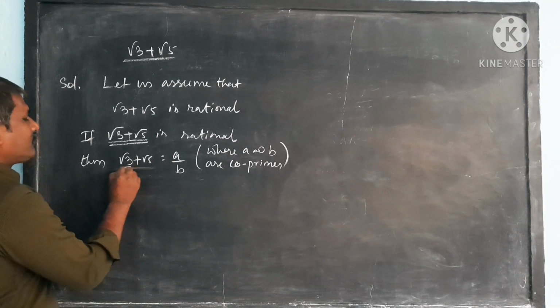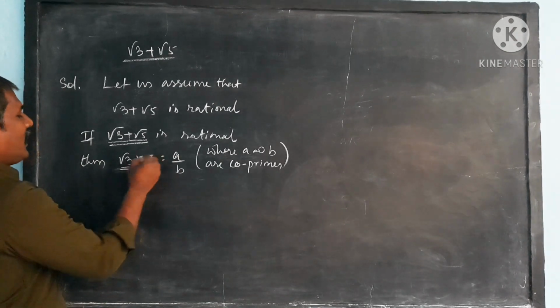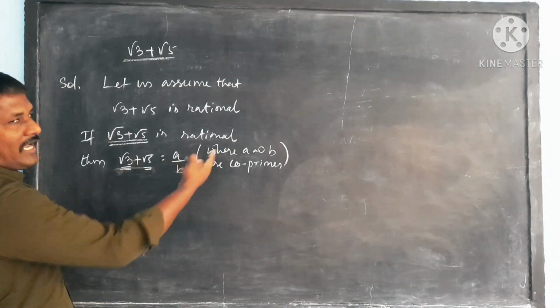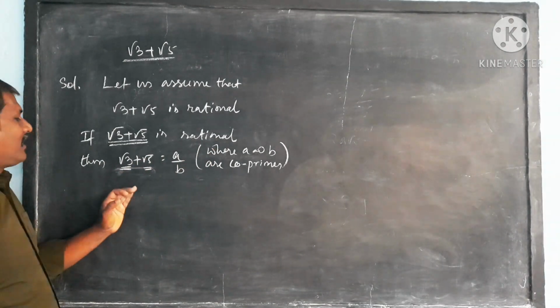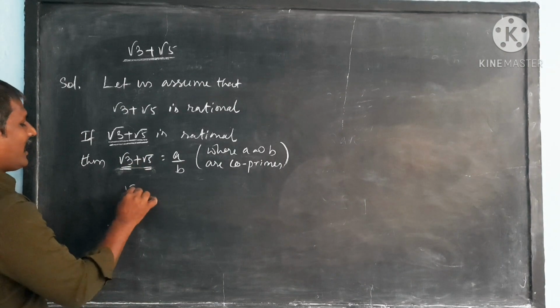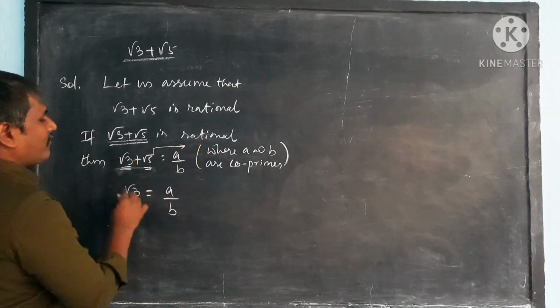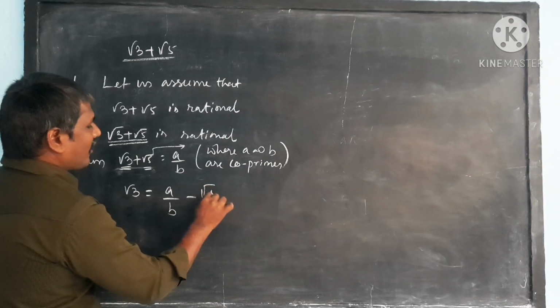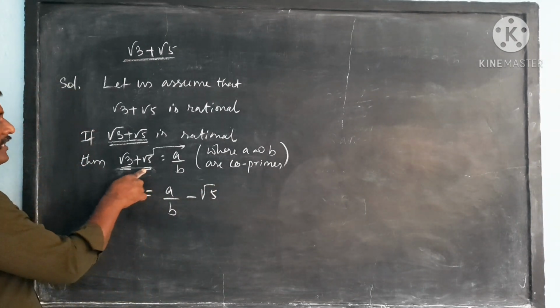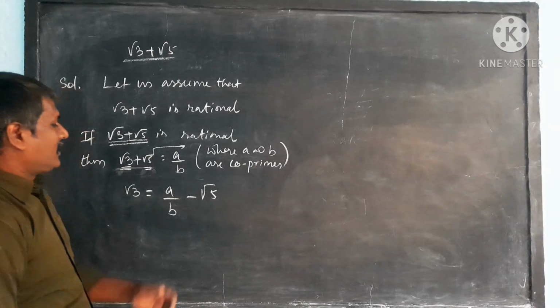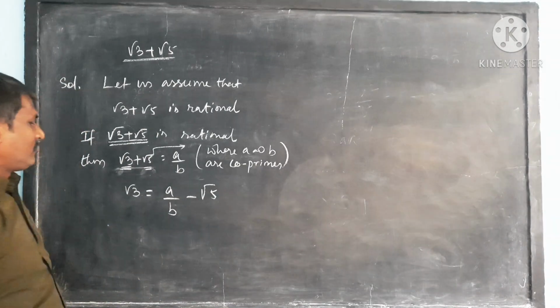Now you can transpose either root 3 or root 5 to the right side. I choose to transpose root 5. Then I write root 3 is equal to a by b minus root 5. Since it was plus on the left side, after transposing to the right side it will be minus root 5.